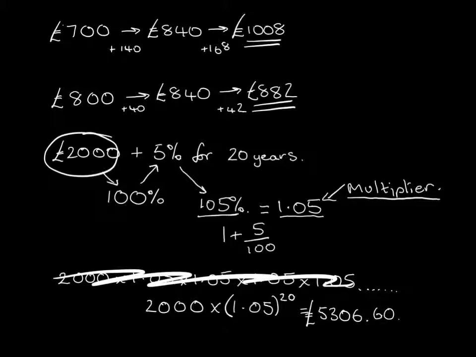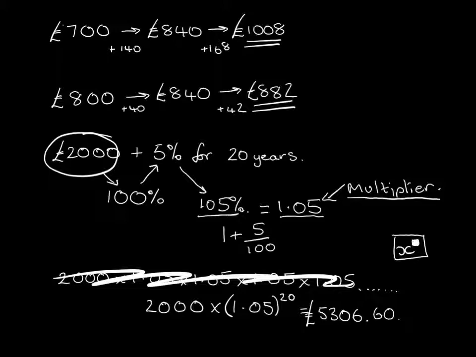Now, if you're not sure where this 20 comes from or how to do it on the calculator, you should be looking for this box here. On a scientific calculator, it would be something like X and then you've got some box here.